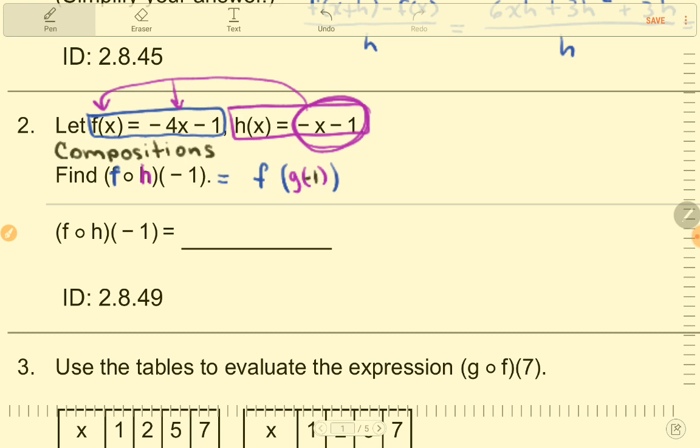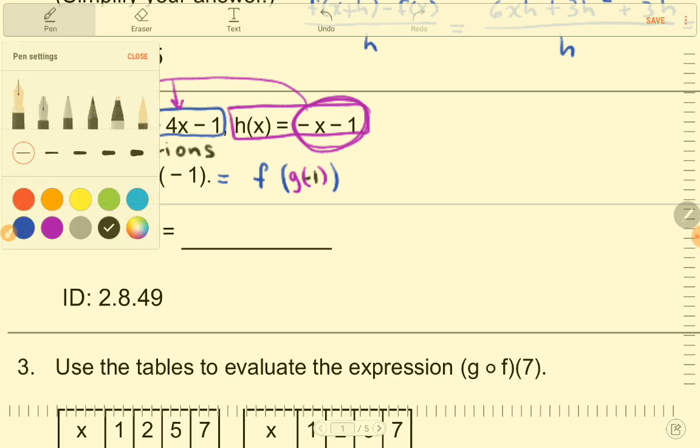So you would evaluate this from the inside out, and I'm saying evaluate it because we are putting in a regular constant value. Then I'm going to show you how we would compose these functions with the x still left in both functions and see that I can still get to the same result.